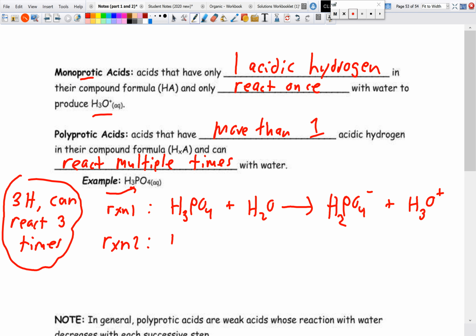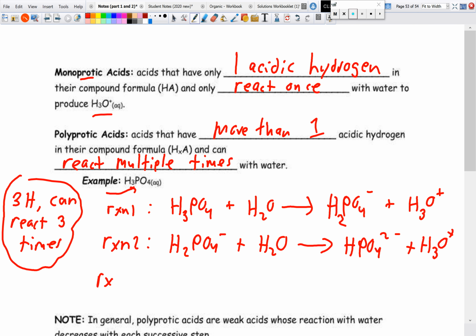So we can get our second reaction of H2PO4 minus reacting with water to leave HPO4 2 minus and H3O plus, and of course it can react one more time, where we get HPO4 2 minus reacting with water, producing PO4 3 minus plus H3O plus.